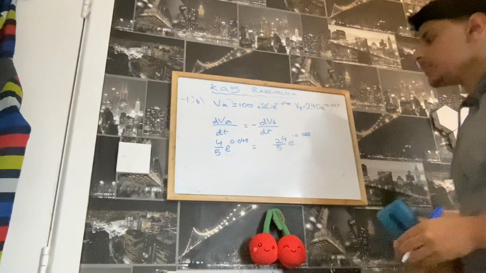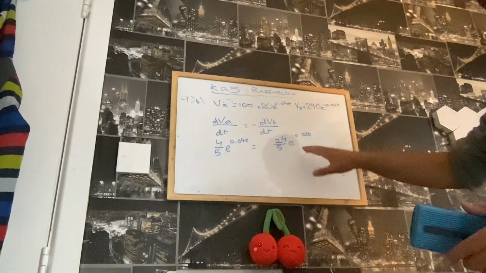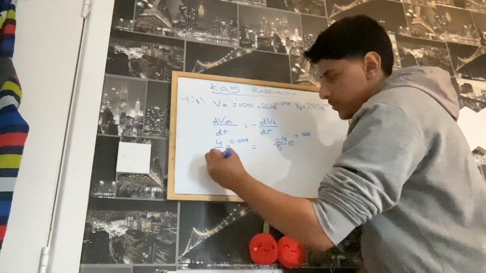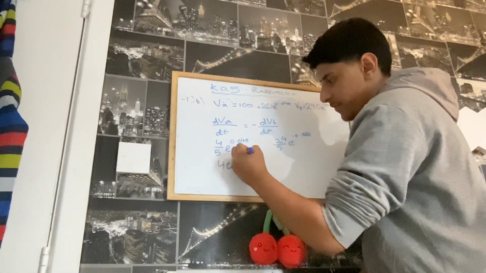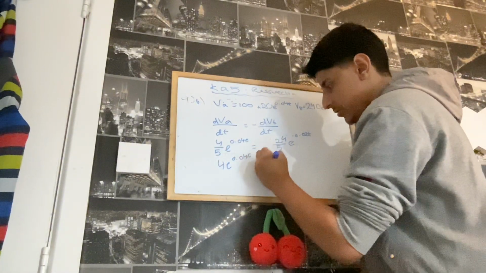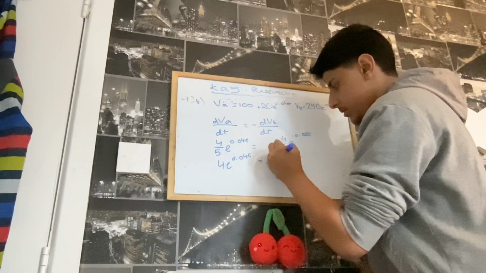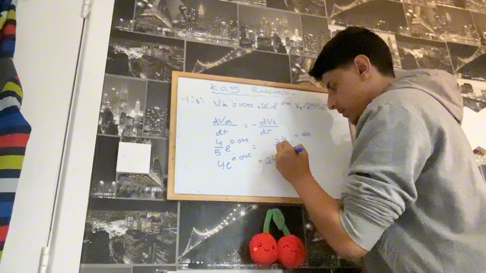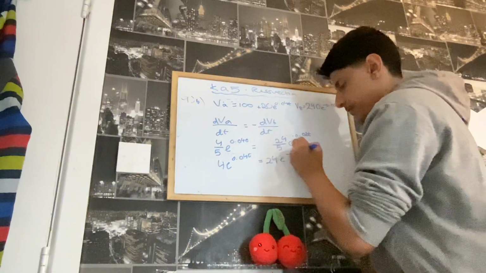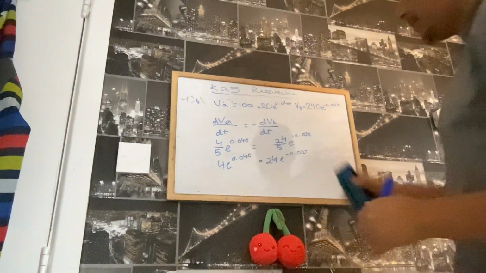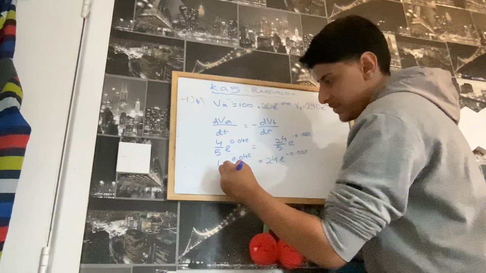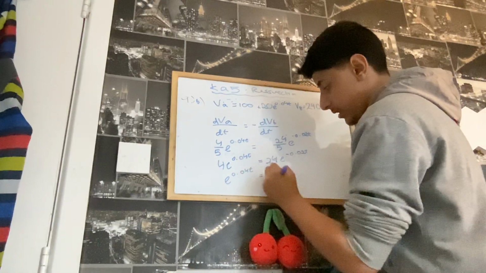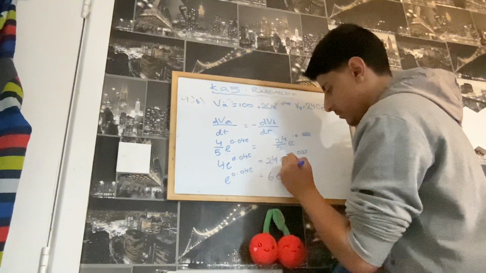Now we've got both sides having 5. We can cancel them out by multiplying each side by 5, leaving us with 4e^(0.04t) equal to 24e^(-0.02t). If we divide each side by 4, we're left with e^(0.04t) equal to 6e^(-0.02t).